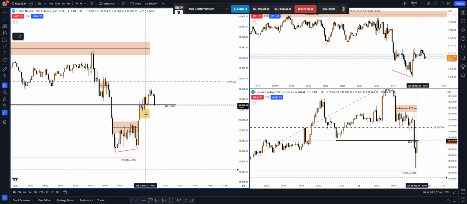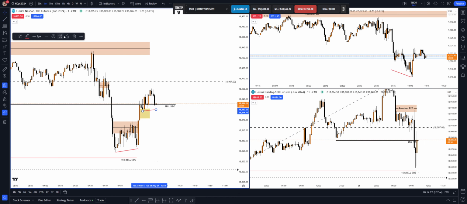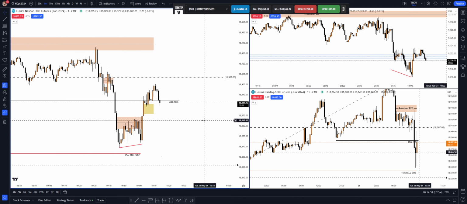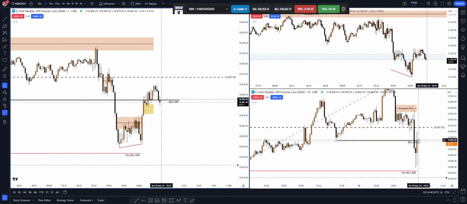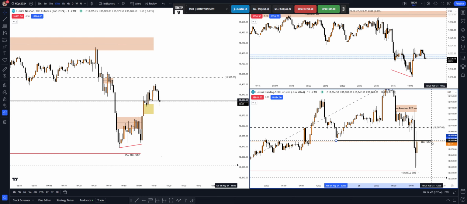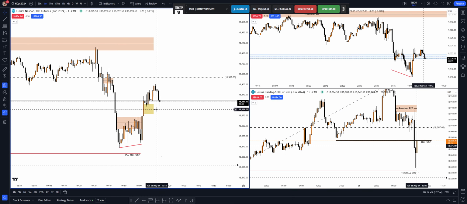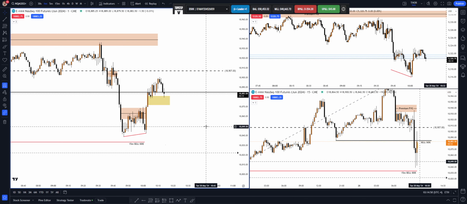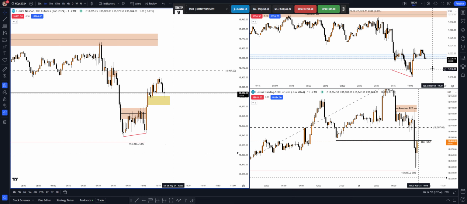Here it could form an SMT divergence, which I doubt. Well, there's an SMT at the highs.